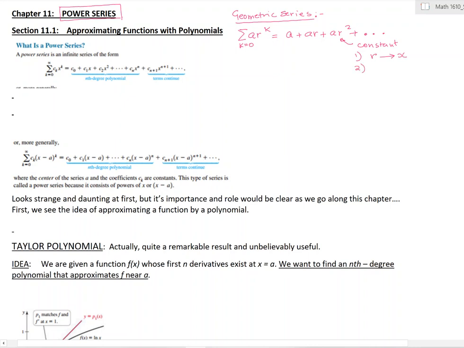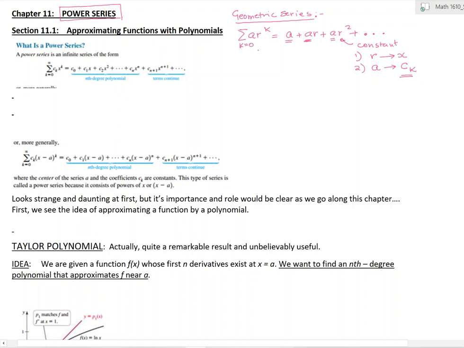Second, here we had this constant a, which was the same for all the terms. So instead of a, now we are going to use ck. That means it's another constant, but it can be different for different terms. So every term can have a different coefficient in front of it.